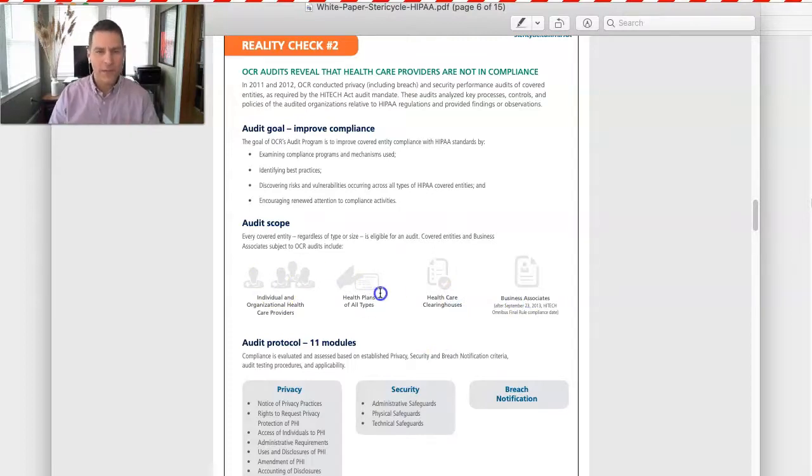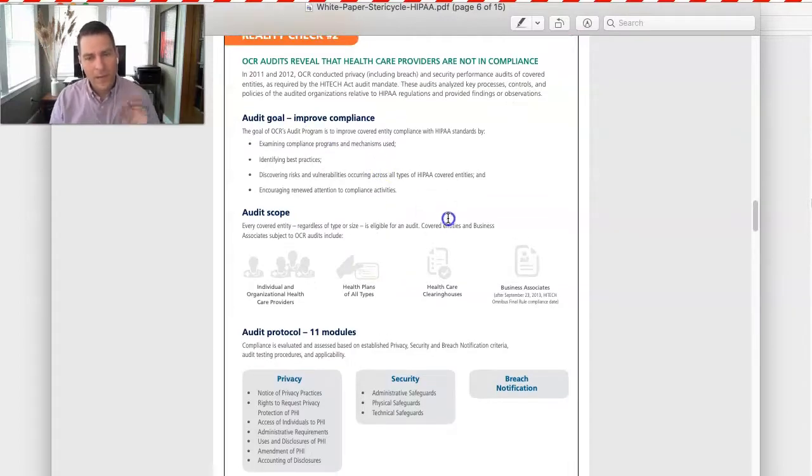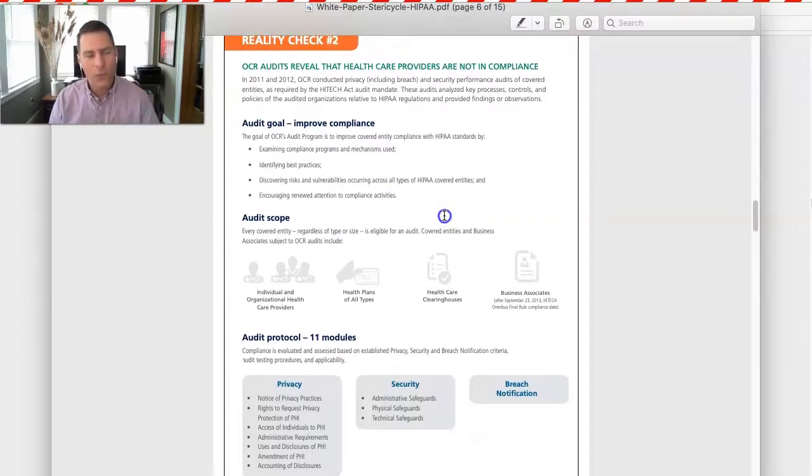So this right here, guys, this is what one page of your white paper could look like. Okay, and very, very doable. Again, the first example was incredibly dense.